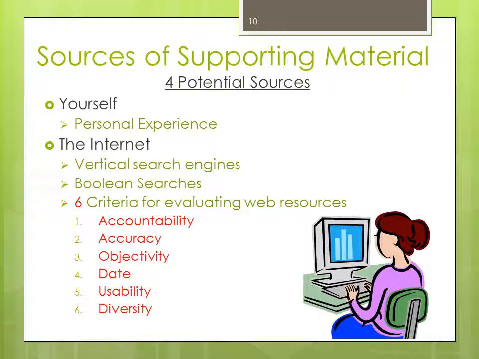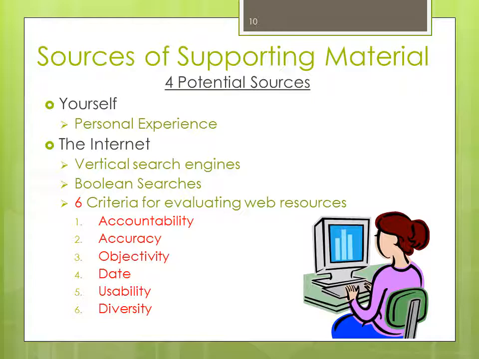The next one would be the internet. Lately, a lot of people have been using the internet as the first place to turn when you need a research task or you need to look up something. Although it can be helpful, it could also overwhelm you with all the resource listings.